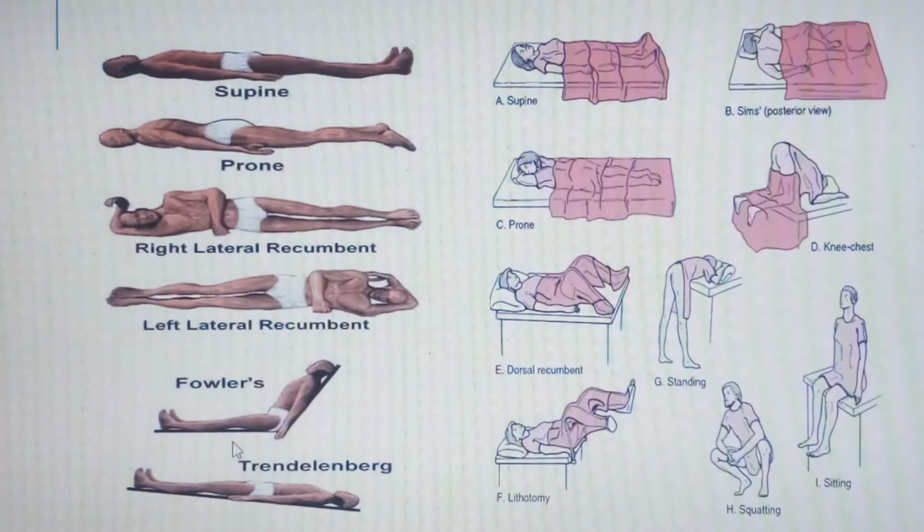Then we also have what we call Trendelenburg position. You can see how the patient lies at a slant angle, so that the leg is at a higher level than the head.